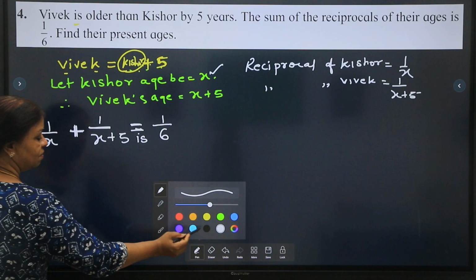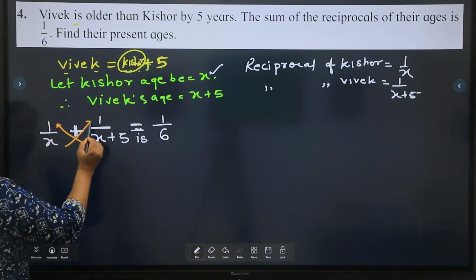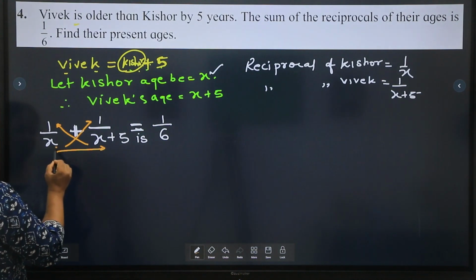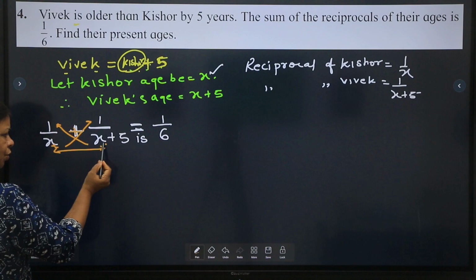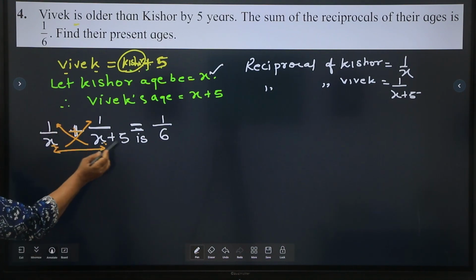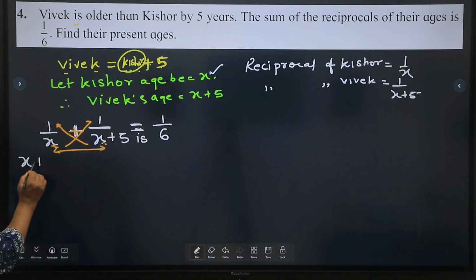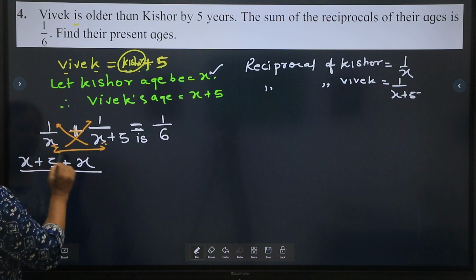See, this number is what? Cross multiplied, and in the middle plus is there, plus or minus if it is there, the denominators also will be multiplied. So what we will get? X plus 5 into 1 is x plus 5, plus x, upon what?